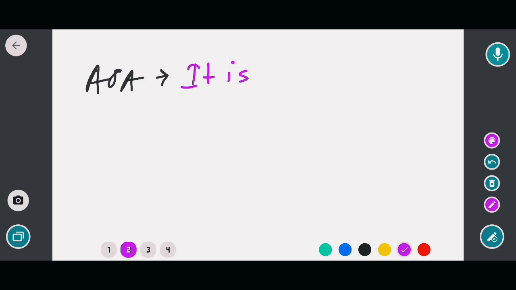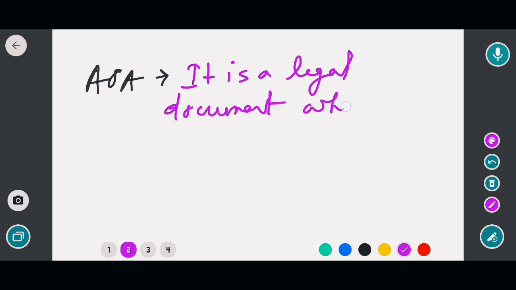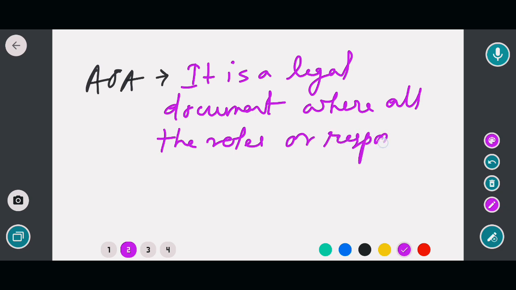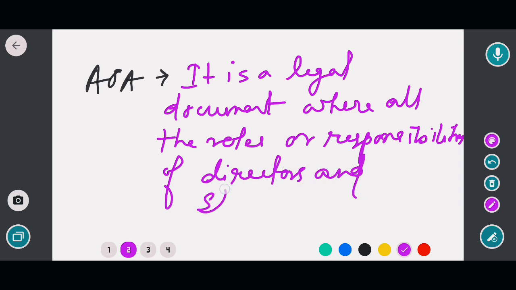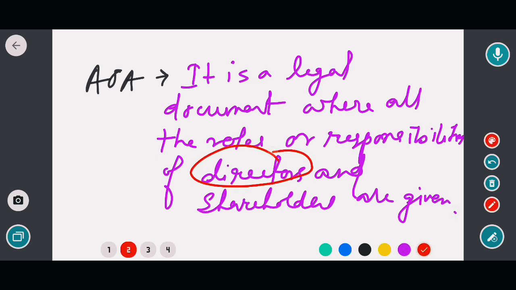It is a legal document where all the roles or responsibilities of directors and the shareholders are given.